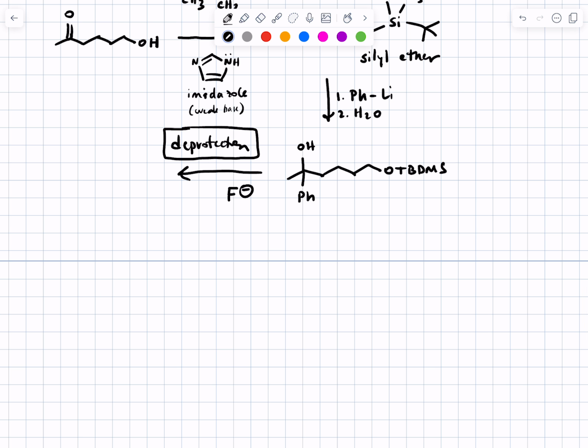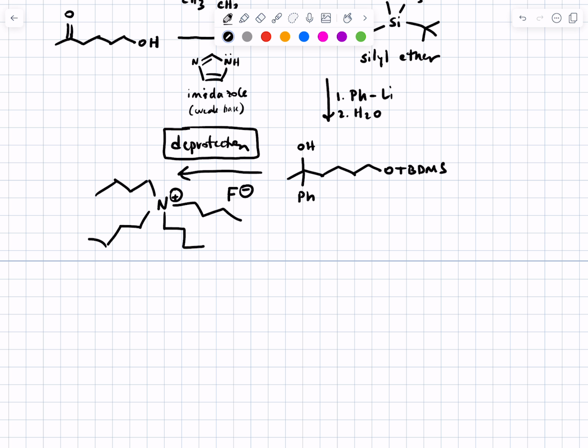Of course, you have to have a counter ion, and it would help if the counter ion would help the fluoride ion to be soluble in organic solvent. So a common choice is what's called a quaternary ammonium ion, 1, 2, 3, 4, where we have 4 alkyl groups attached to the ammonia.